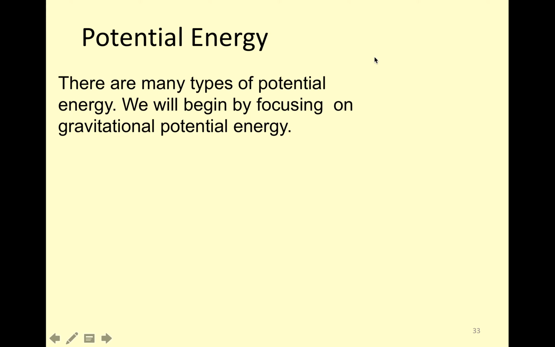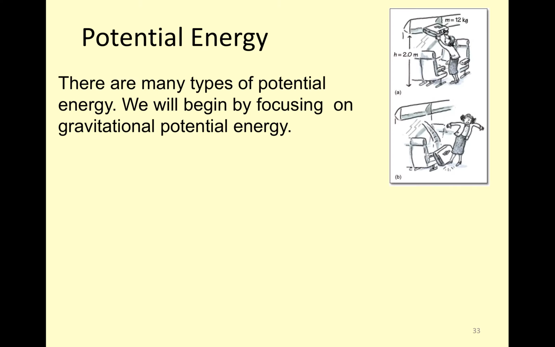All right, there are many types of potential energy. We will begin by focusing on gravitational potential energy. Okay, so this suitcase is up here. Bam. It will come down as long as we are here close to Earth, where the potential energy is equal to the mass of the object times the acceleration due to gravity, not in the negative, because this is a magnitude type thing, and where we get our positive and negative is from the height.